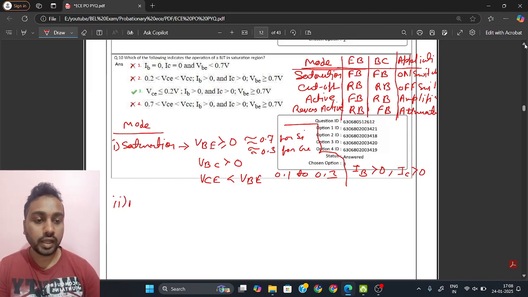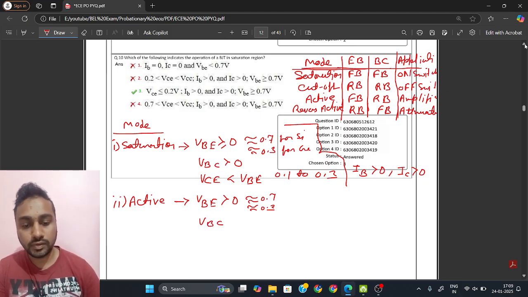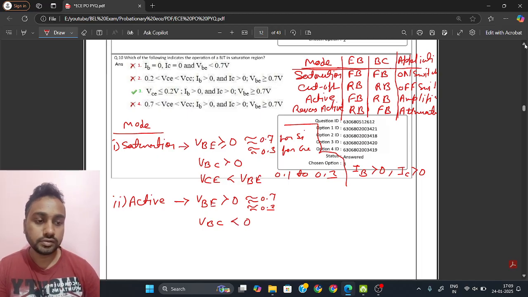Now, if you see the active region. For the active region, VBE should be greater than 0, same like 0.7 for silicon and 0.3 for germanium. Now for VBC, in this case VBC should be less than 0.